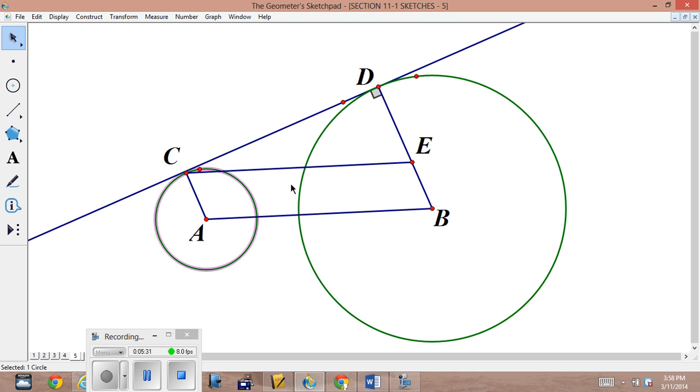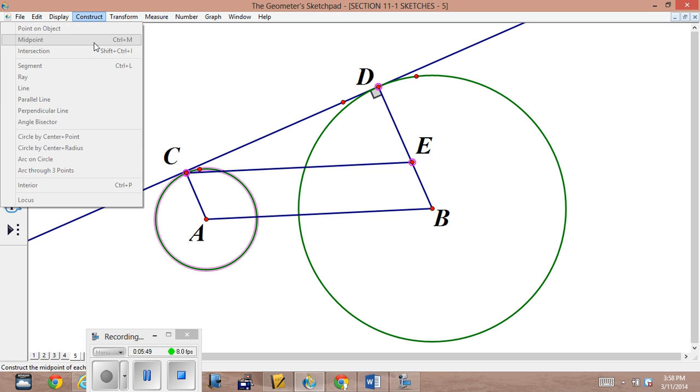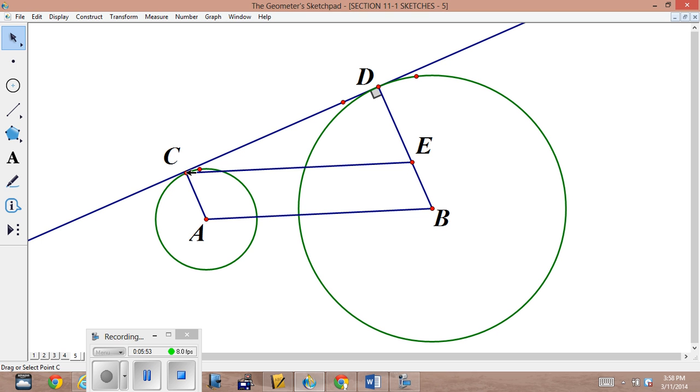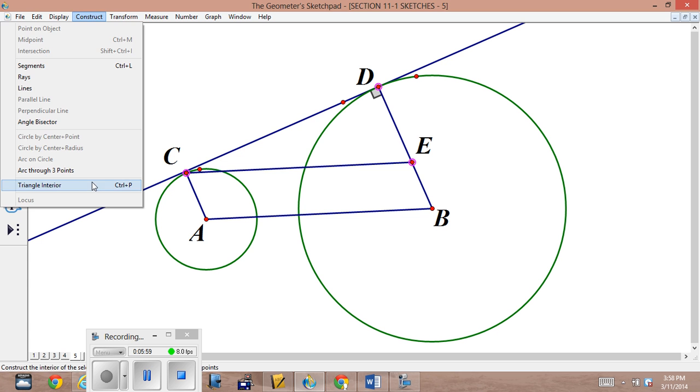So basically, what you want to do is draw those two tangents. You want to take this distance between the centers and translate that up so that you have a right triangle here. Let's just outline that triangle right here. Construct the triangle interior right there.